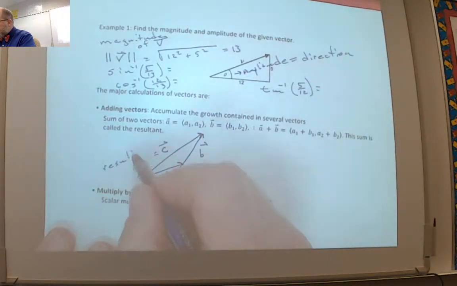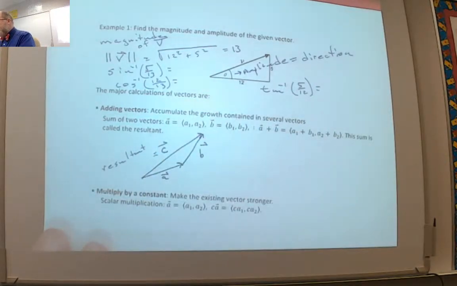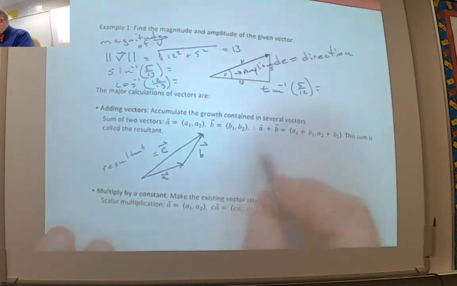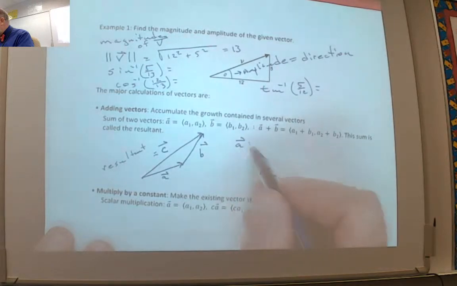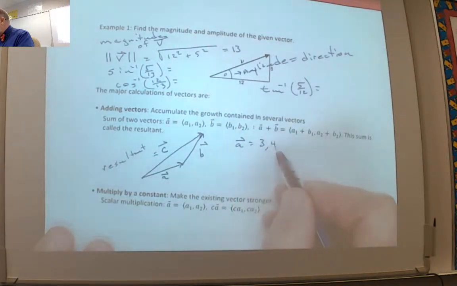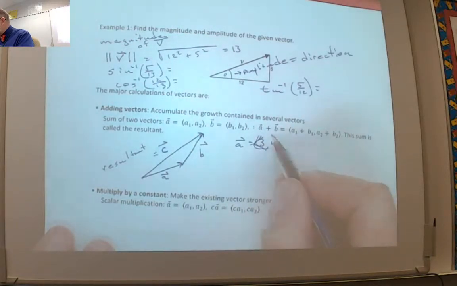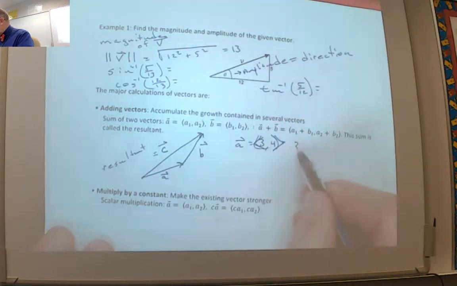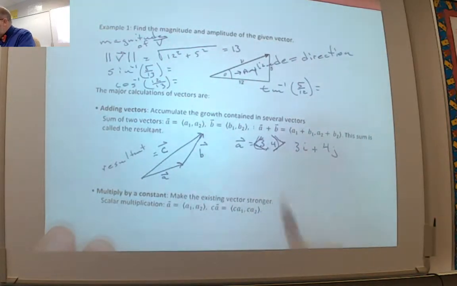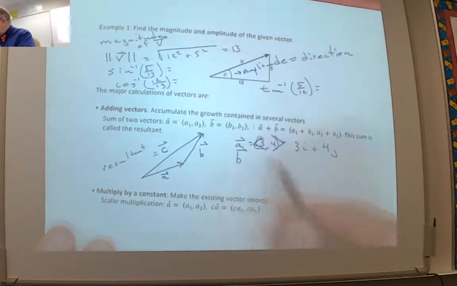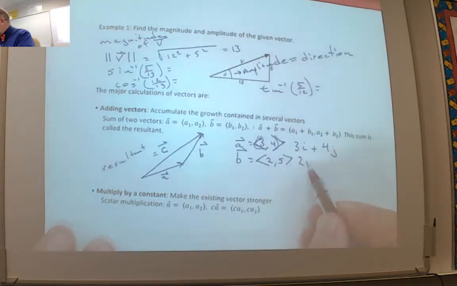So if vector A was 3, 4, I have to write it like this, which means 3i plus 4j. And I have vector B, which is equal to 2, 5, which is 2i plus 5j.